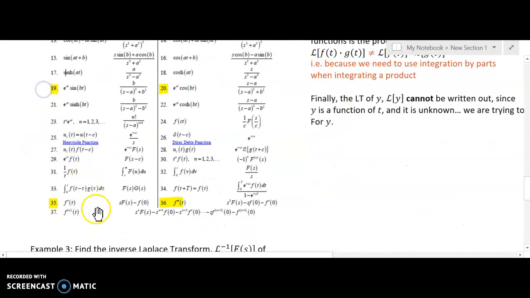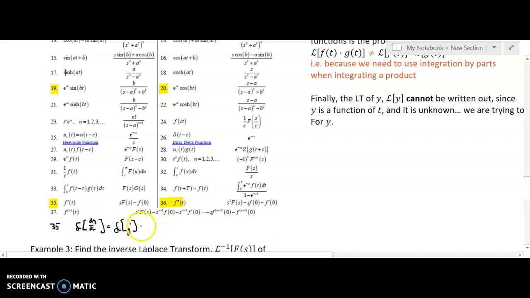Also down here, these are ones that we didn't derive, but these are the Laplace of the first and second derivatives. So one way we could write number 35 to make it look a little more convenient is if we take the Laplace of dy dt, that's usually how we write it, or you could say the Laplace of y prime.